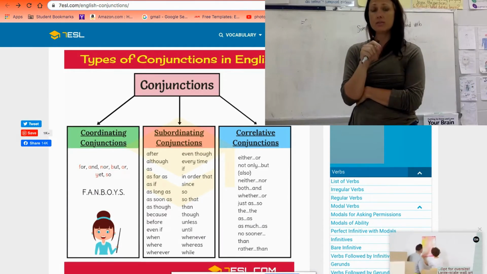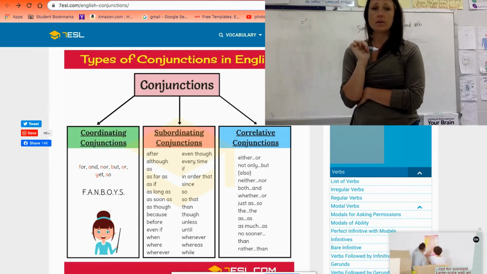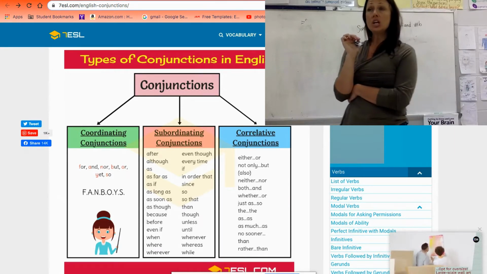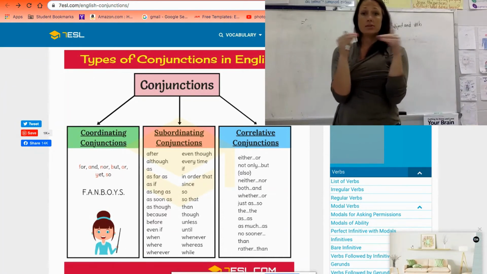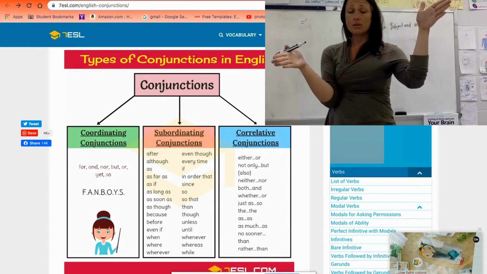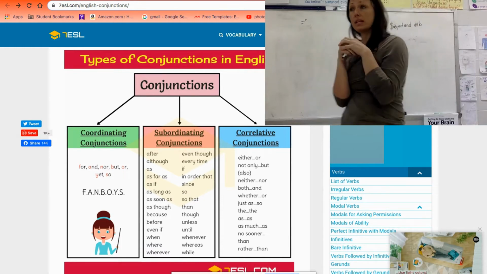If you do not combine them with a conjunction and you just put a comma there, you're comma splicing. Or if you have two sentences just together, capital letter and a period, then you're running on your sentences.